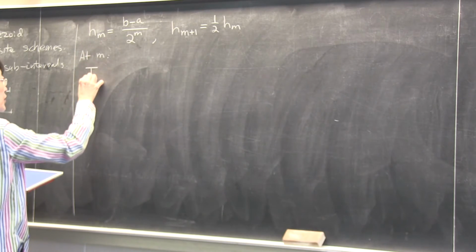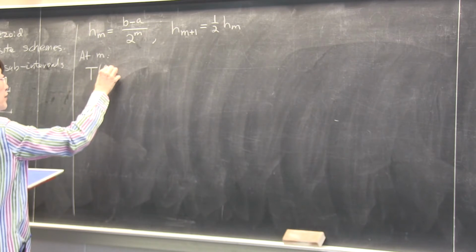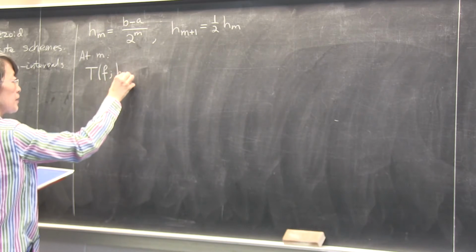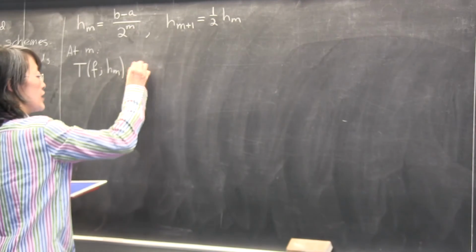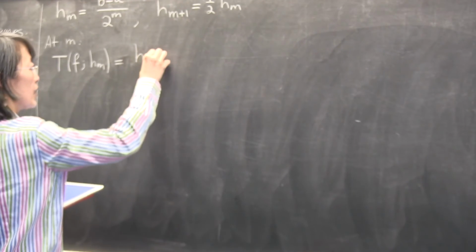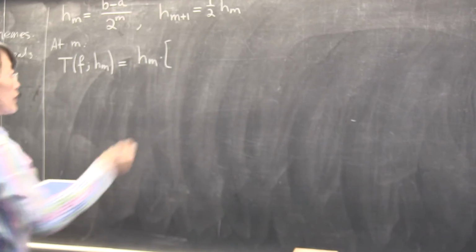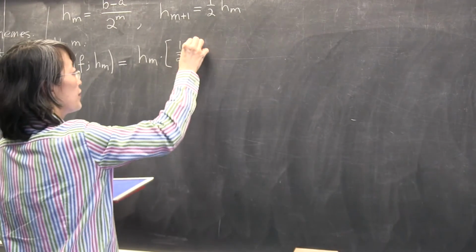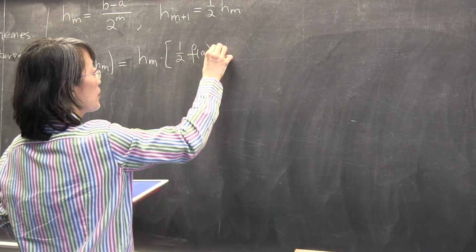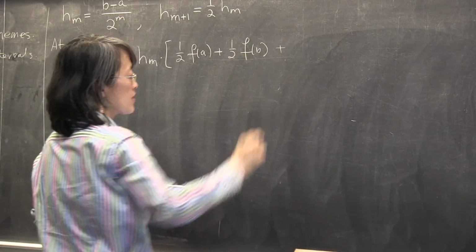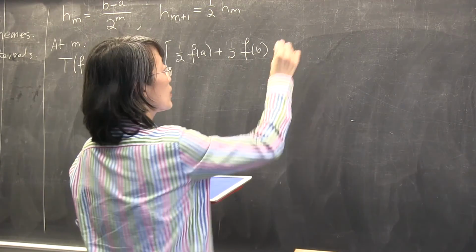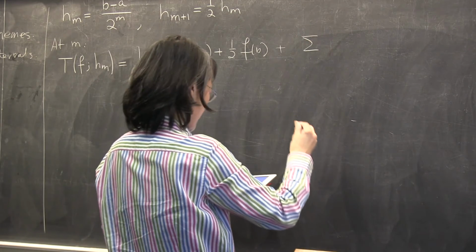Okay, so now I'm going to write out the trapezoid rule at level m. The trapezoid rule T for the function f using h_m. This is just the trapezoid rule, so let me write it out: h_m times a half f at A plus a half f at B plus a sum over all the inner points.